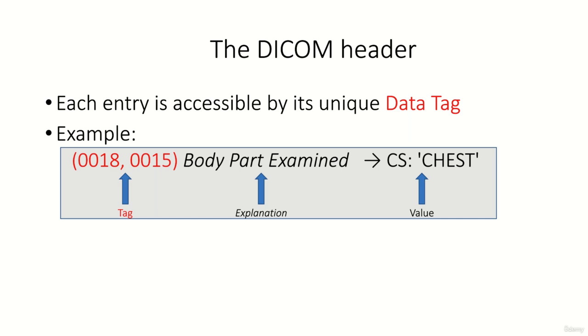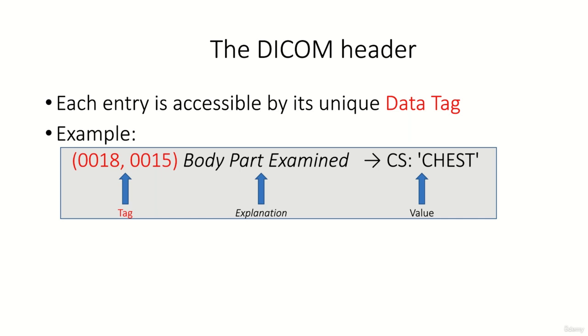First, the unique data tag, which describes the property. Then, some human-readable explanation, e.g. for our tag 0018, 0015, the examined body part. And finally, the corresponding value, which is chest in this example.